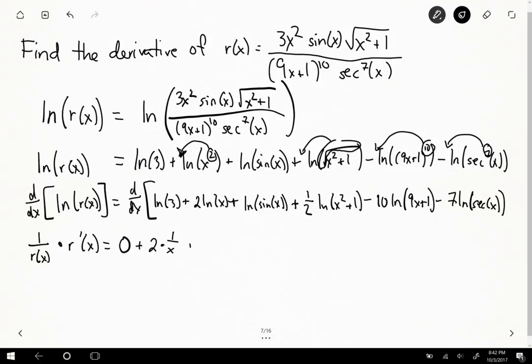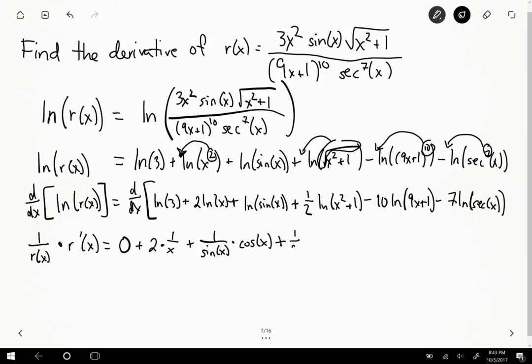The derivative of sine of x, so I'm going to pick up the pace a little bit compared to the other ones. When we do this, we do the 1 over the inside function, times the derivative of the inside function by the chain rule. So I can write the d dx in sine of x, but the derivative of sine of x is just cosine of x. Okay? If I end up losing anybody, just let me know, and I'll try and slow it down and kind of brush up that step.